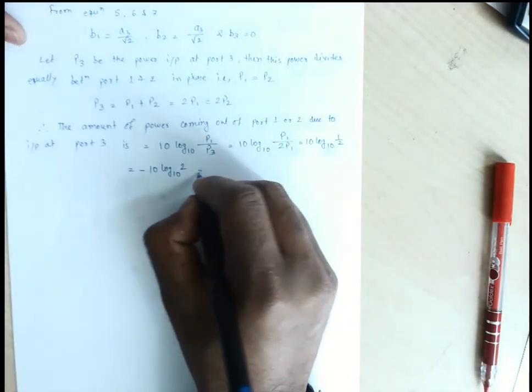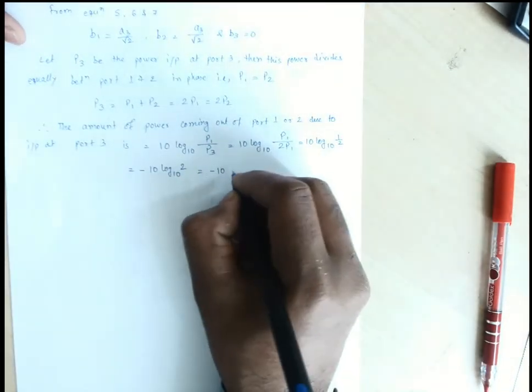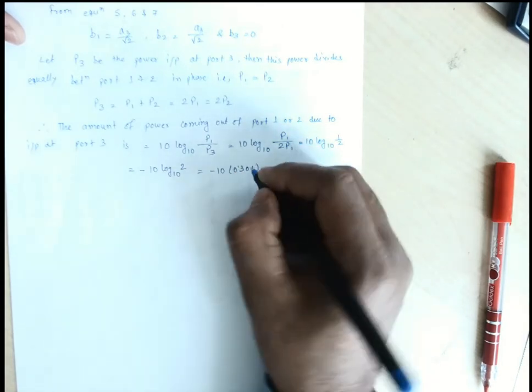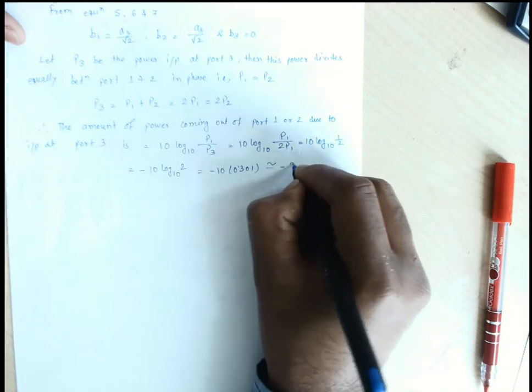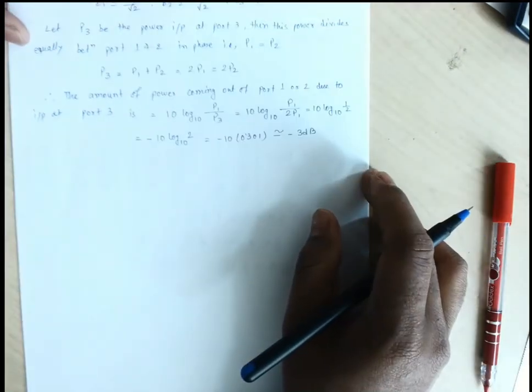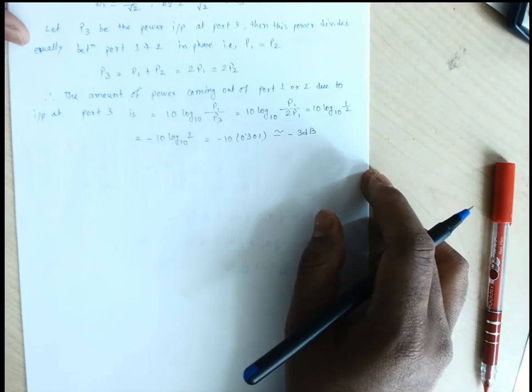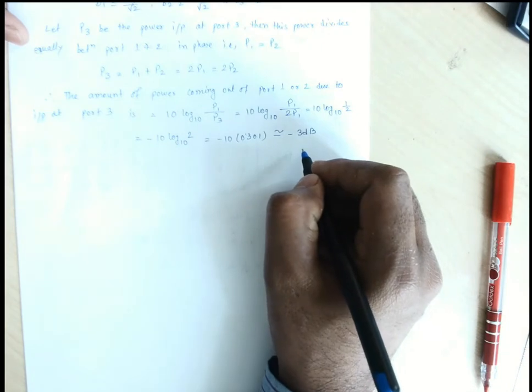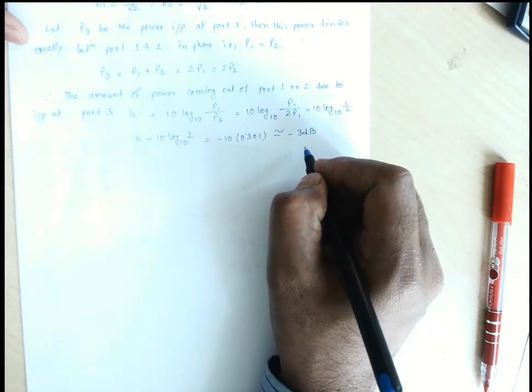So it is minus 10 into 0.301, approximately minus 3 dB. So we can say the power coming out of port 1 or port 2 is 3 dB down with respect to the input power at port 3.